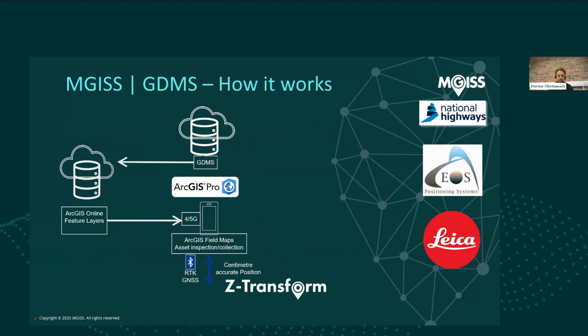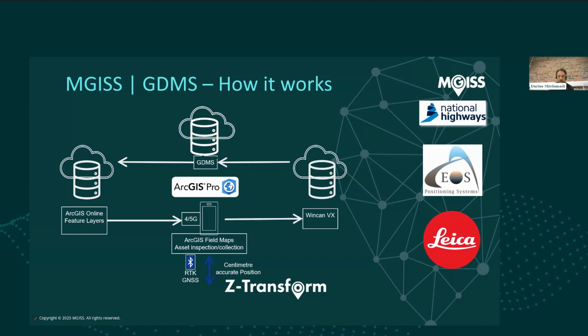We have a Z Transform plugin here to get that accurate height data in British National Grid. And step 3, our download tools extract that data and photo attachments back into a WinCam compatible shapefile for processing back into the GDMS database.